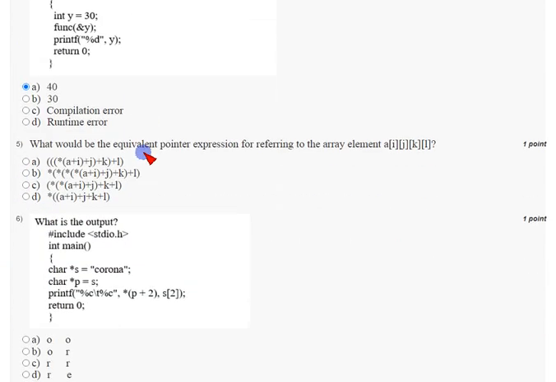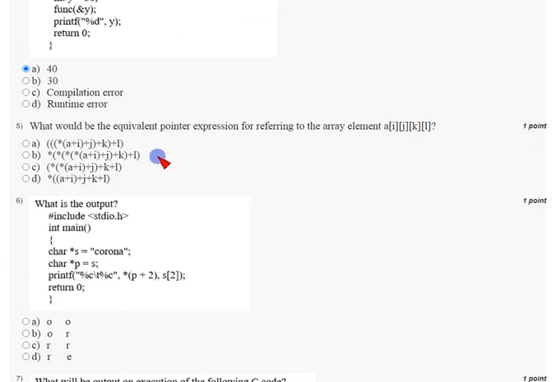And coming to the fifth question, what would be the equivalent pointer expression for referring to the array element A of I, J, K, L? It is a multi-dimensional array with 4 sizes.